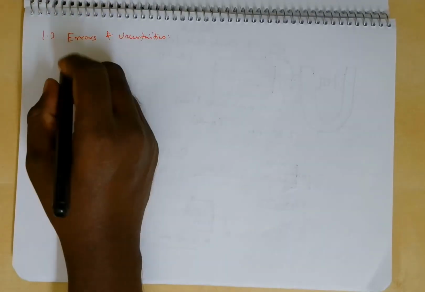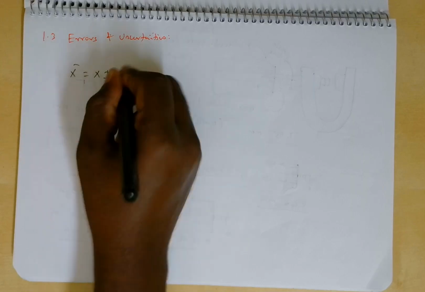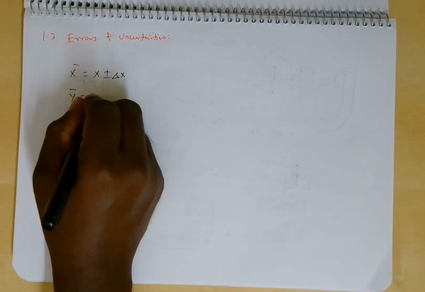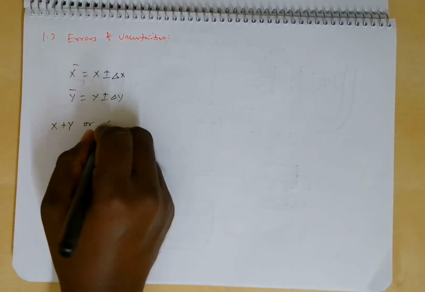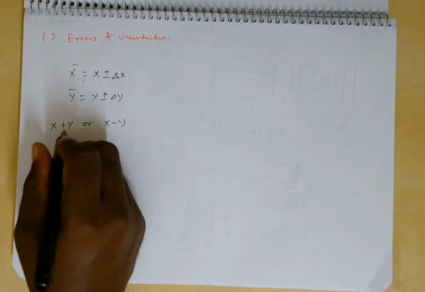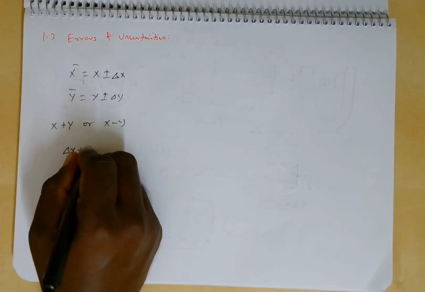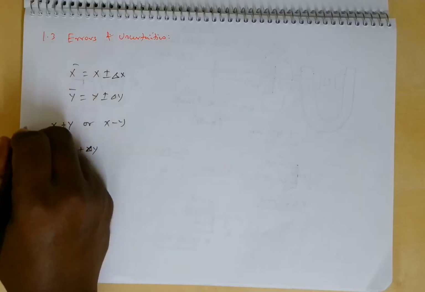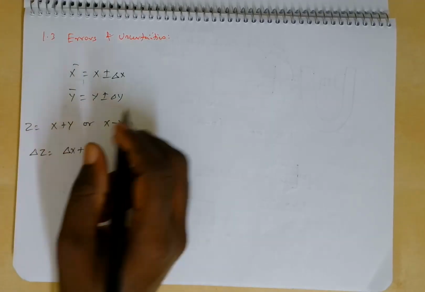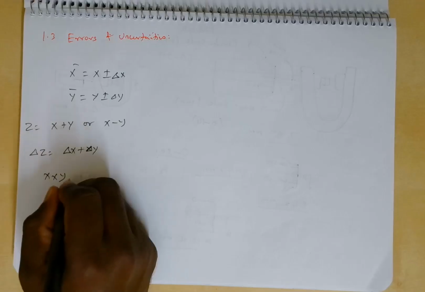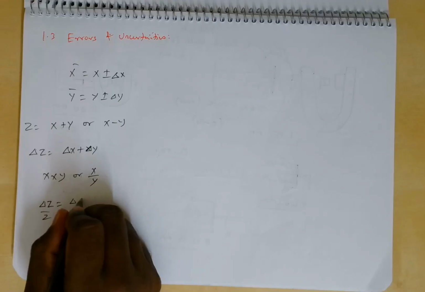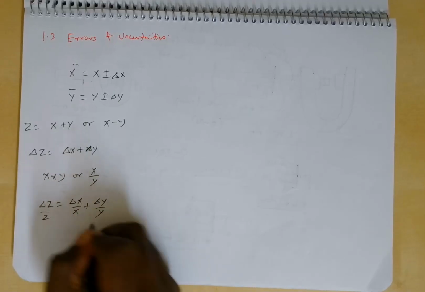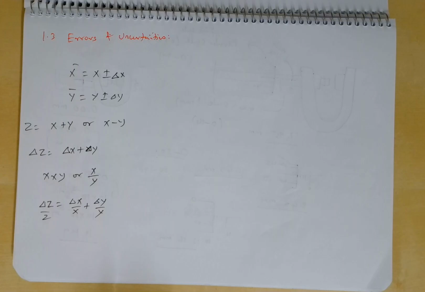Okay, so we have only two formulas in this one. So one is if this is X and this is Y. Whether it's X plus Y or X minus Y, then we will add delta X plus delta Y. If it's X multiplied by Y or X divided by Y, then delta Z by Z is delta X by X plus delta Y by Y. Only these two formulas we need to remember.